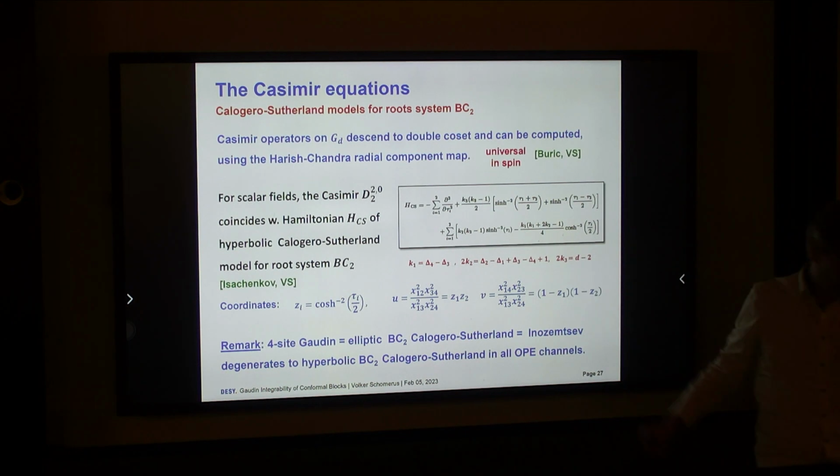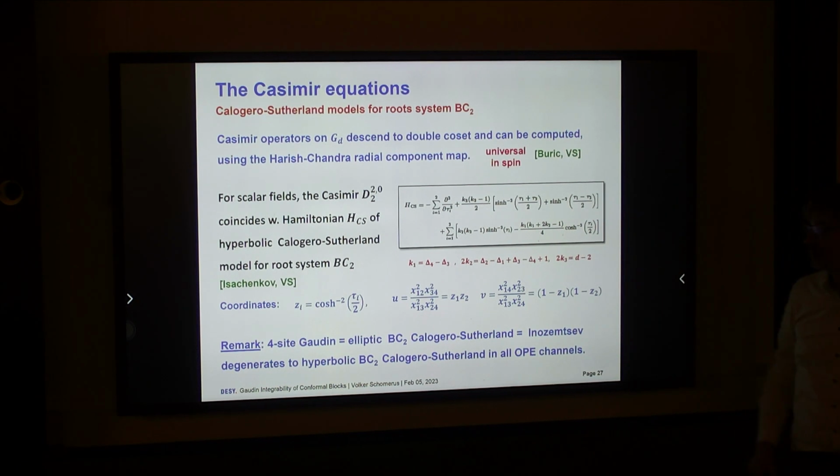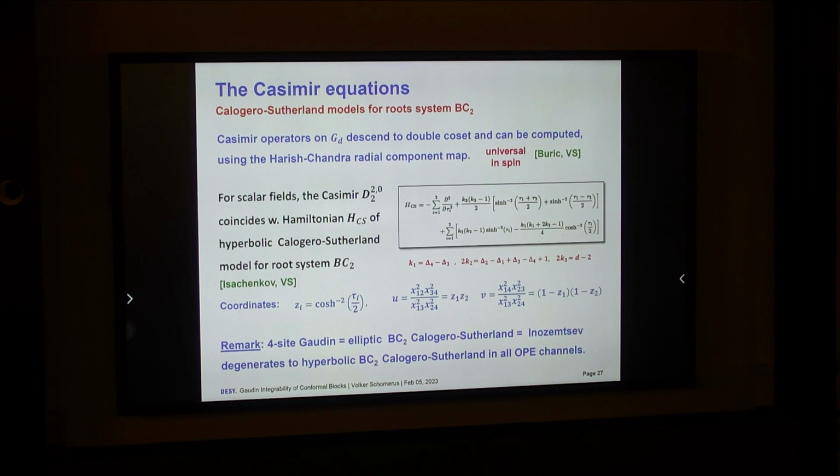So the upshot here is that if you want to study 4-point scalar conformal blocks in D dimensions, you're mapped to the world of wave functions of BC2 Calogero-Sutherland models with 3 parameters.